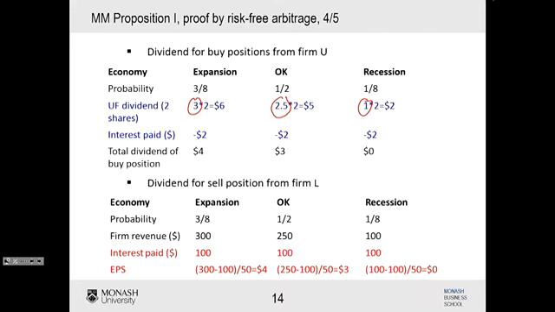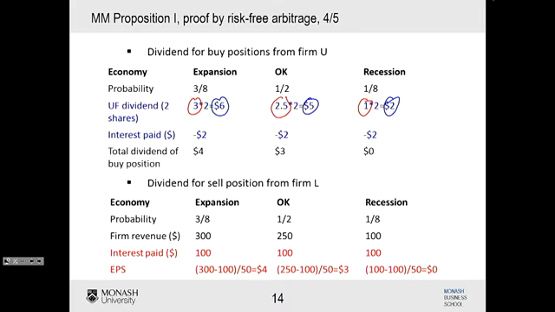But the difference here is you buy 2 shares, and all the cash flow is paid out as dividend because right now there's no debt here. So you got $6, $5, and $2. That's a dividend any investor can get.